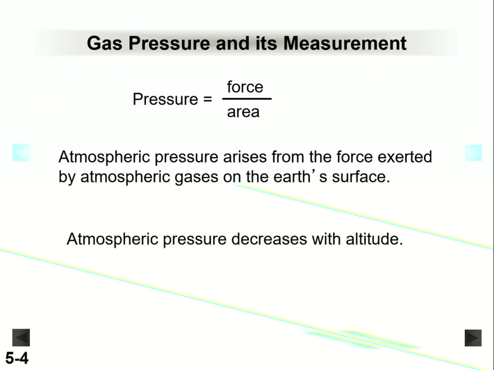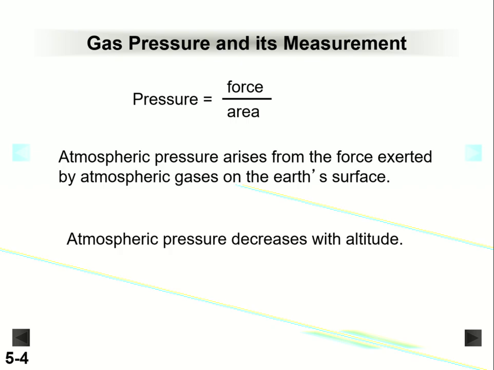So one of the first things we need is to understand gas pressure and how it is measured. Pressure of a gas is a derived unit. It's the force per unit area, and of course force and area are also derived units. Atmospheric pressure arises from the force exerted by the gases in the atmosphere on the Earth's surface.